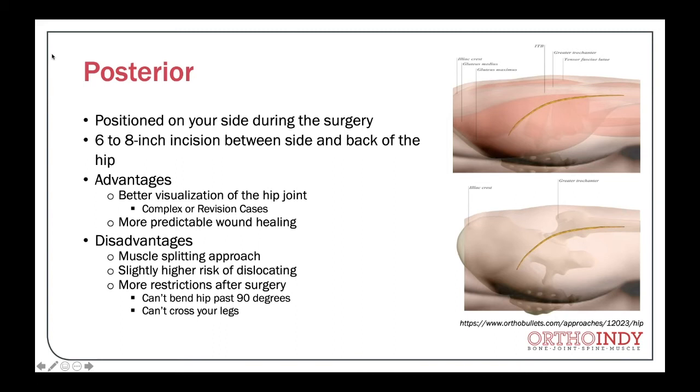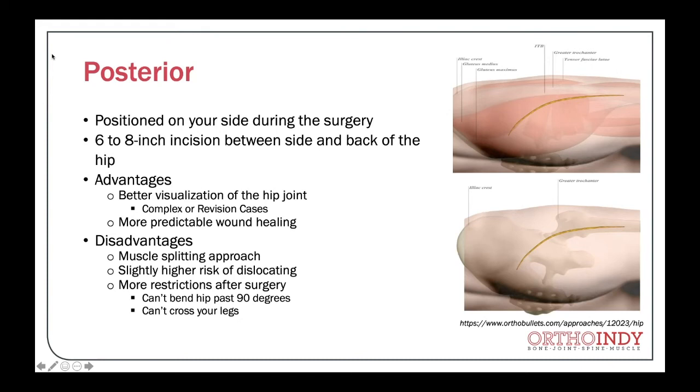This is often needed in certain complex cases where a patient has had a previous surgery to the hip, or there's hardware or metal in that area, or in the setting of what we'll call a revision case, where a patient has already had a hip replacement and there's something that has gone wrong. This is when I'll utilize the posterior approach. Another advantage is more predictable wound healing in all body types.